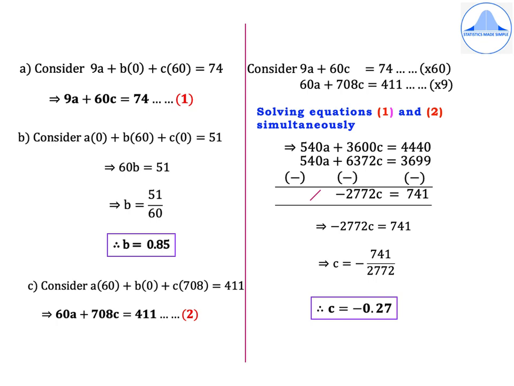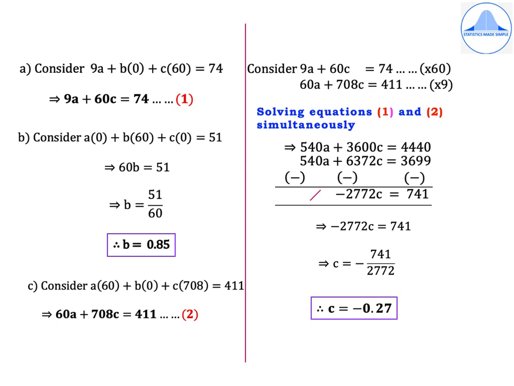Now substitute the value for n and all the remaining totals in the three normal equations. We get the first normal equation as 9a plus b into 0 plus c into 60 equal to 74, which implies 9a plus 60c is equal to 74, which I call equation 1.